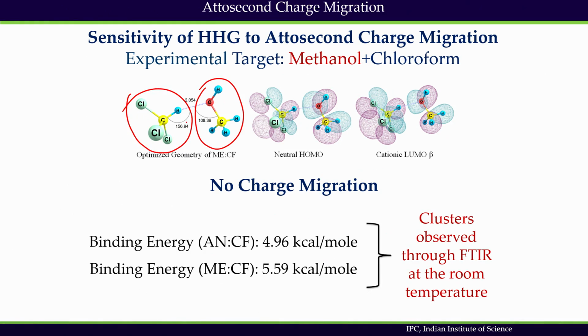Two different molecules, but binding energies are almost equivalent, 4.96 kcal per mole for one and 5.59 kcal per mole for the other. These binding energies are comparable, and the clusters have been observed through FTIR at room temperature. These clusters form, and that was evident through the FTIR spectrum.